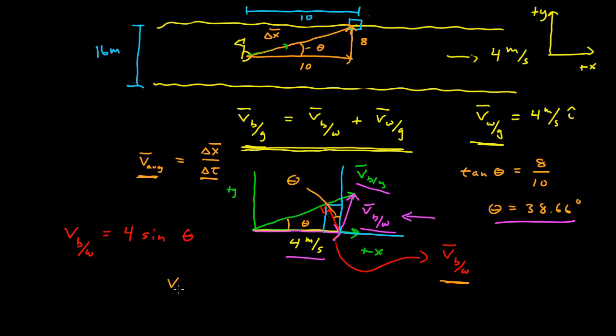So the v sub x is equal to the magnitude v, and that magnitude, which I can calculate from here, was just 2.5 meters per second. So the x component is v sine theta, and vy is v cosine theta.